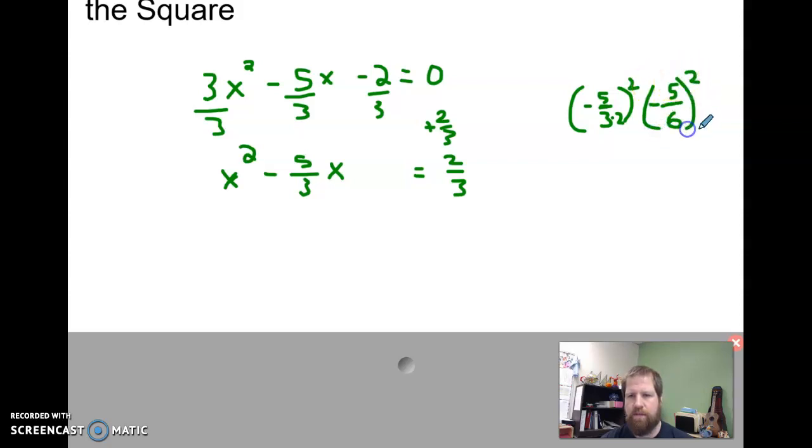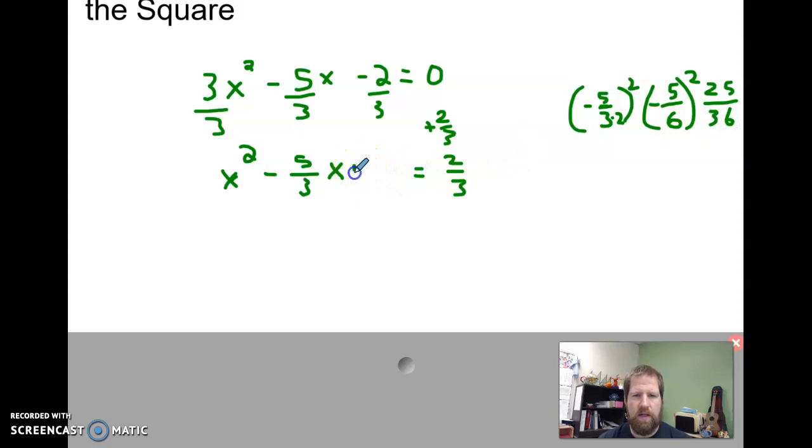squared. And with squaring, just like with square roots, when you've got a fraction inside, you can do them independently of one another. So I can take this and say that is positive 25 over positive 36.